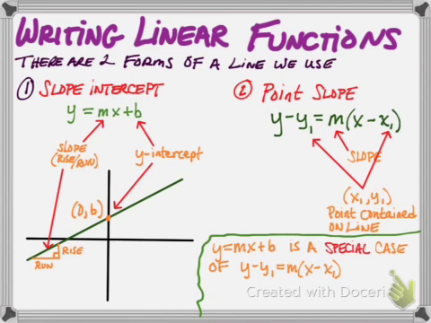What's y1? b. So if we just take those values and plug them in, if I put in 0 for x1 and b for y1, and we shuffle stuff around, we get y equals mx plus b. So this slope-intercept form is really just a specific case of the more general point-slope form. All right, so you can always start here, or you can remember this form as well. Either way is going to work.